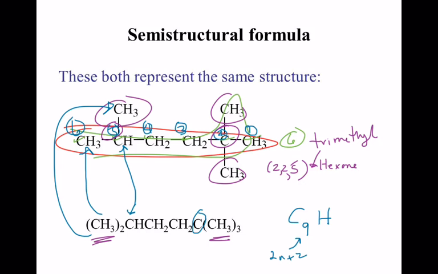So 2 times 9 is 18, plus 2 is 20. Okay, so we could prove it to ourselves, but there should be 20 cute little hydrogens scattered about. But the formula C9H20 is a heck of a lot less descriptive than this sort of thing. Because we know that branching makes a difference. So we can have different, what we call isomers of the same compound.